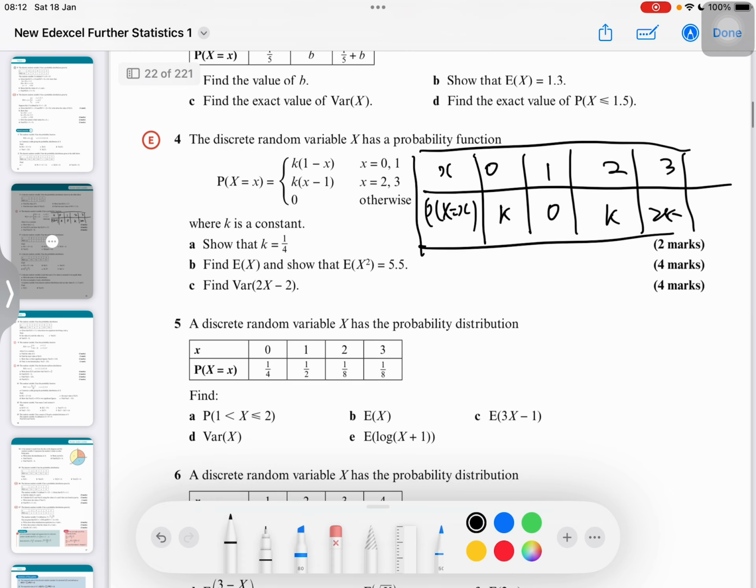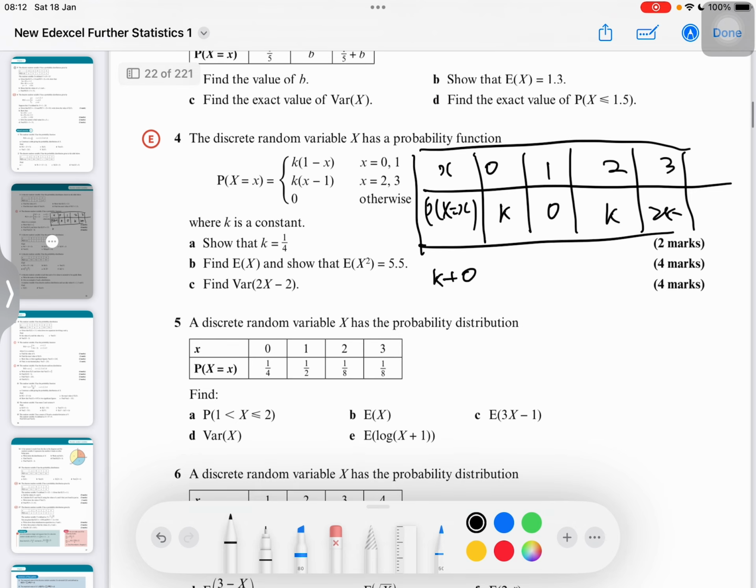So this is the whole set of possible cases. Since this is the sample space, all the probabilities added together should be 1. Therefore, k equals 1/4.